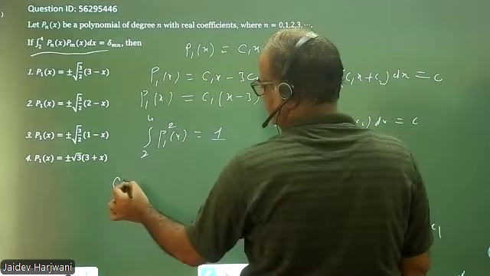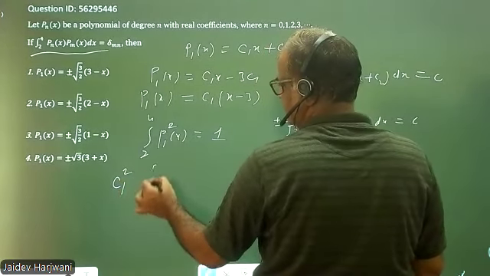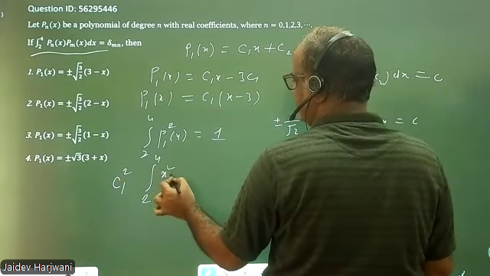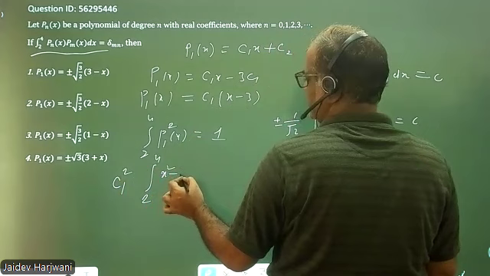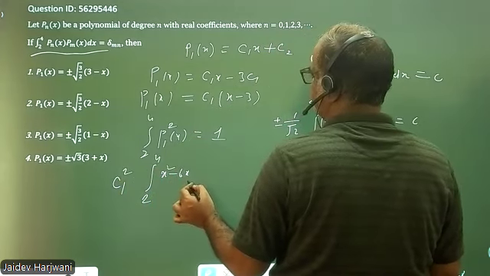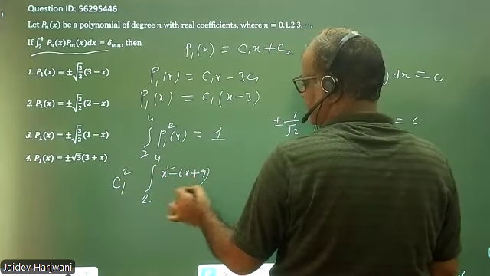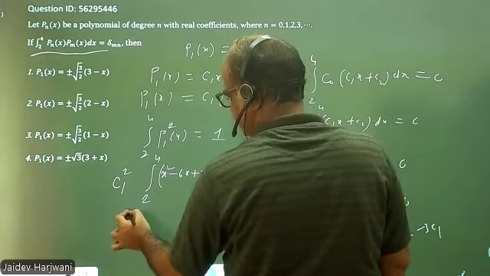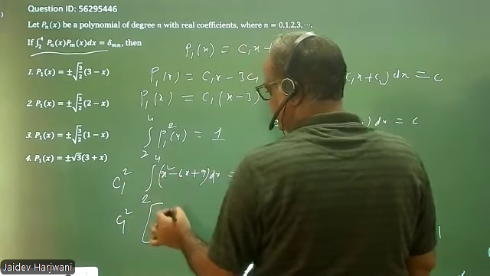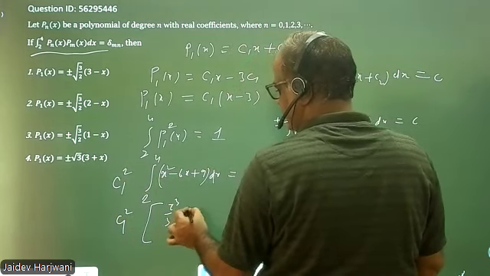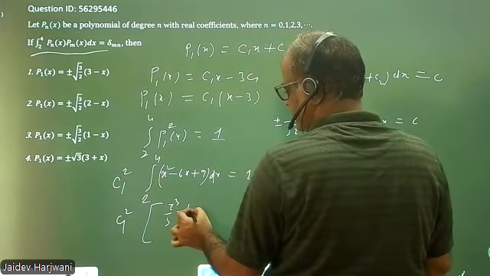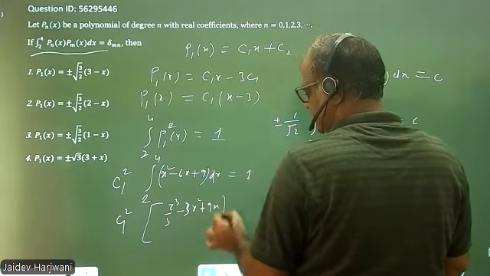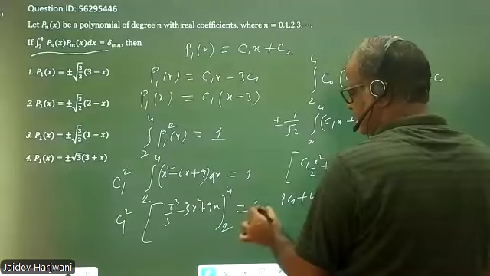So C1 squared times the integral from 2 to 4 of (x minus 3) squared, that is x squared minus 6x plus 9, dx equals 1. And C1 squared times x cube by 3 minus 6x squared by 2, that is 3x squared, plus 9x, limits 2 to 4, and this is 1.